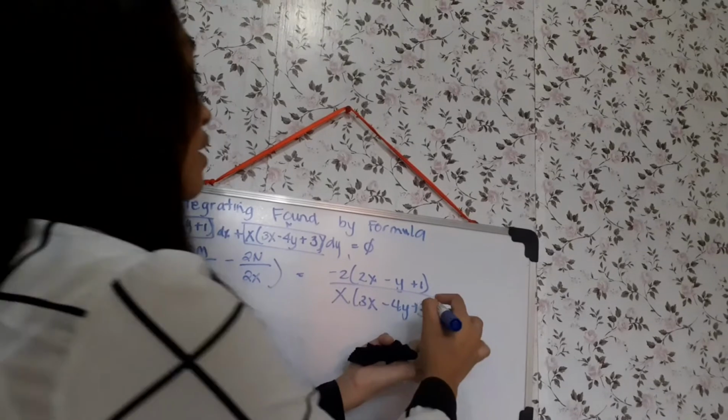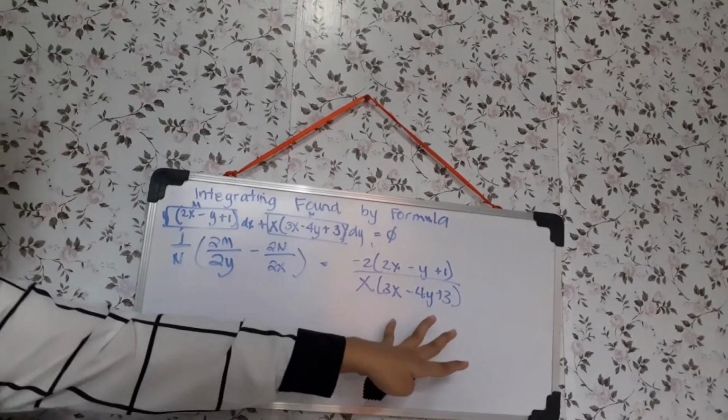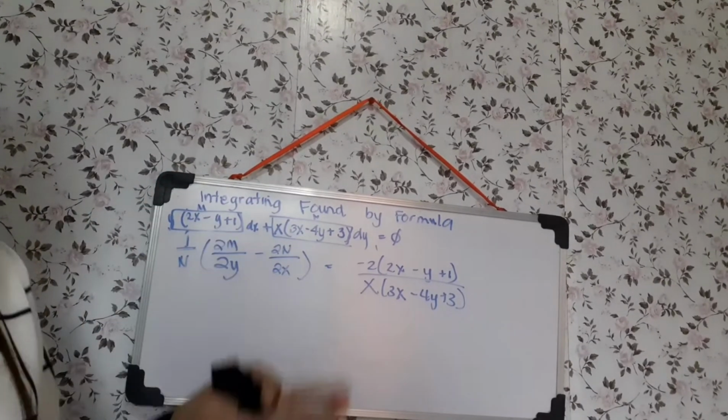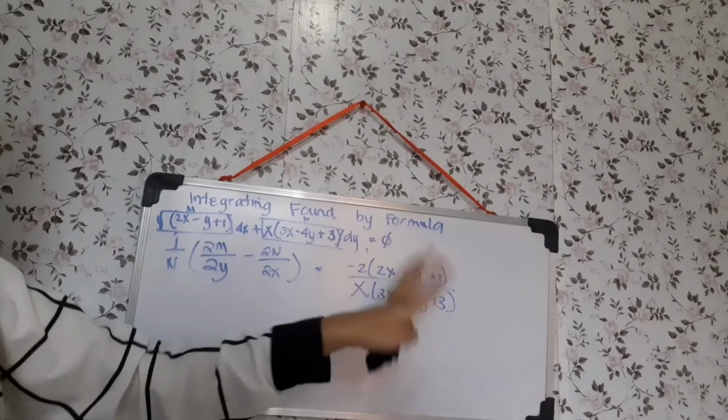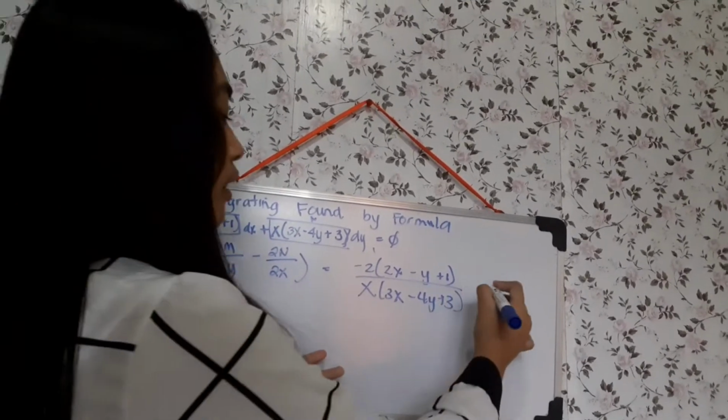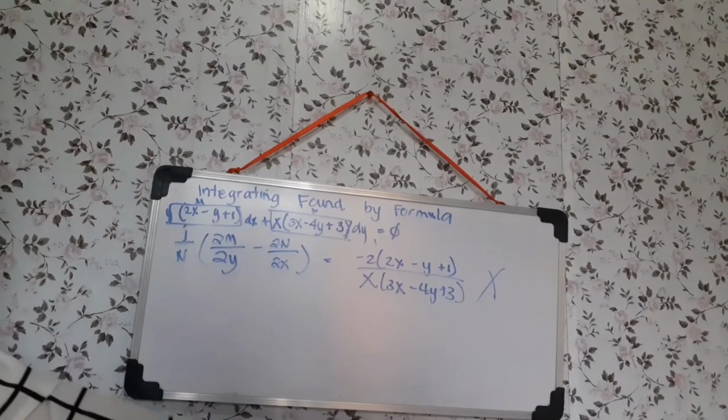So we can see that this is not a function of x alone. This is neither a function of x alone nor y alone. So meaning this is not the integrating factor.